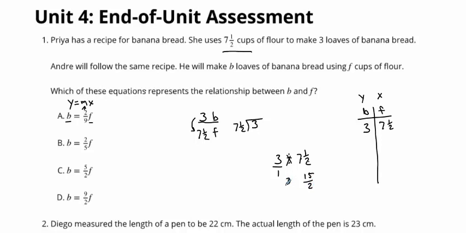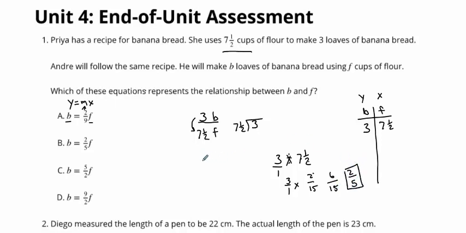So 3 over 1 times the reciprocal of this, so it's actually 2 over 15. Three times 2 is 6. 1 times 15 is 15. So 3 goes into 6 2 times. 3 goes into 15 5 times.